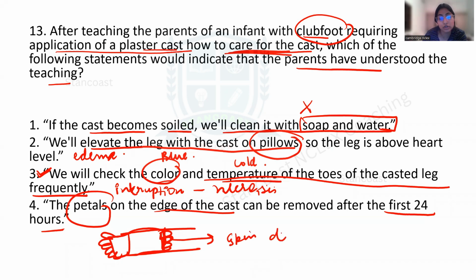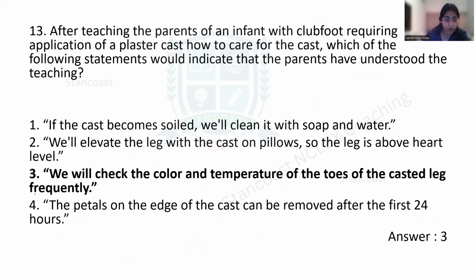So petals should not be removed for 24 hours because they are protecting the skin from damage. So option 4 is also not the correct option. So option 3 is the correct option, that says that we will check the color and temperature of the toes of the casted leg frequently.